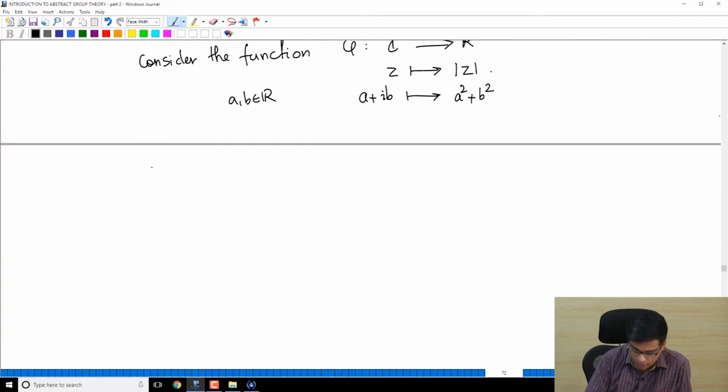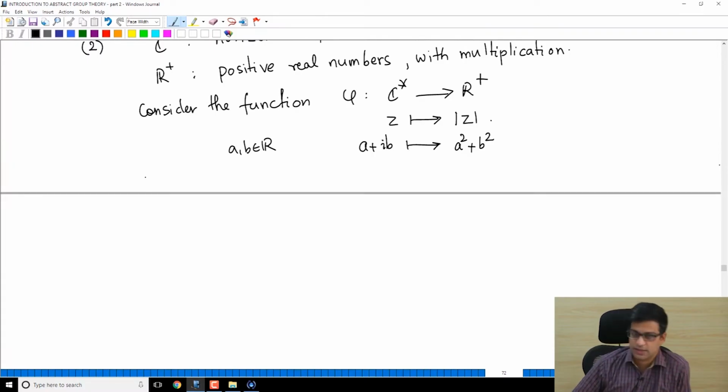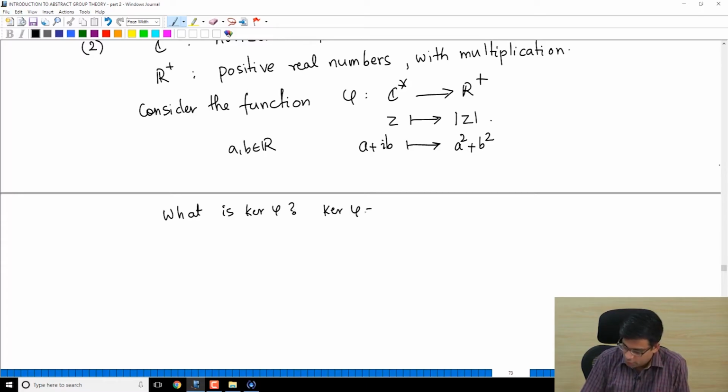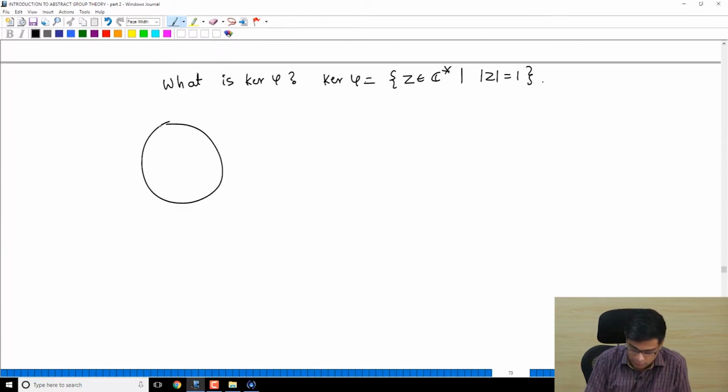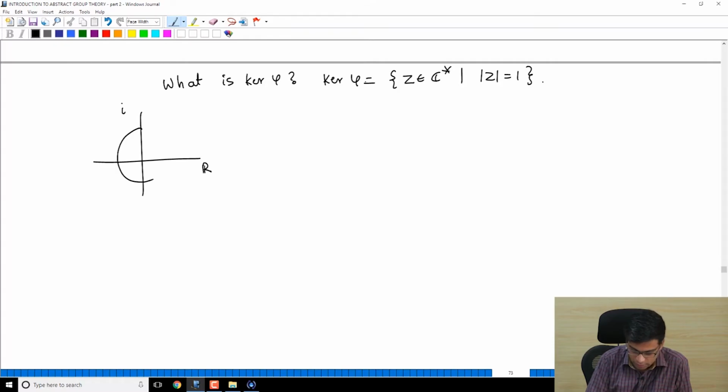So in order to see what the first isomorphism theorem has to say about this, let's look at the kernel of this map. So what is kernel phi? Kernel phi is by definition the complex numbers with absolute value 1. If you represent complex numbers in the plane, with the real axis and the imaginary axis, this is the kernel phi.